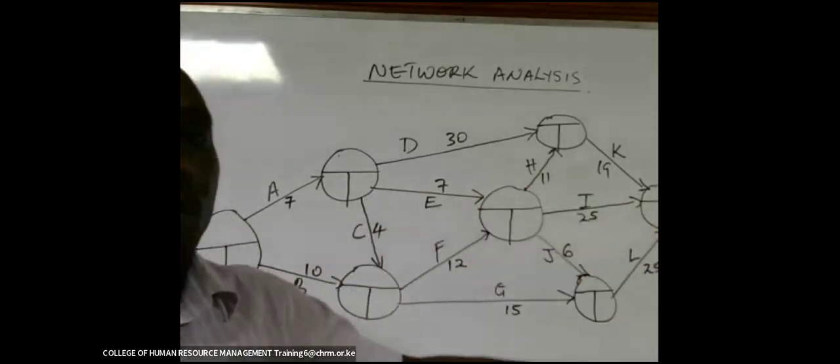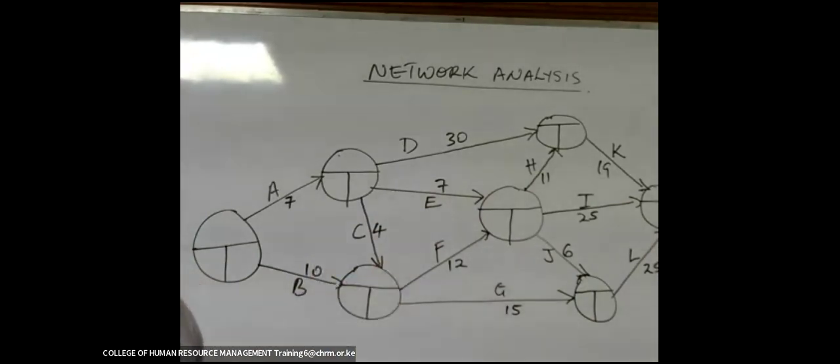So we are doing now the forward pass. Moving forward, we want to get the earliest start time for each and every activity. This is how we do it. Any project will start from 0. So the first circle, on the left-hand side of this divided half circle, you put 0.